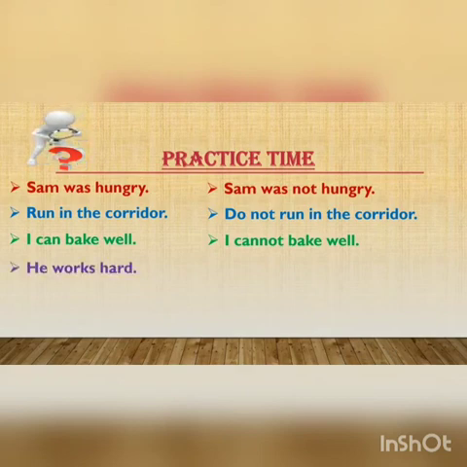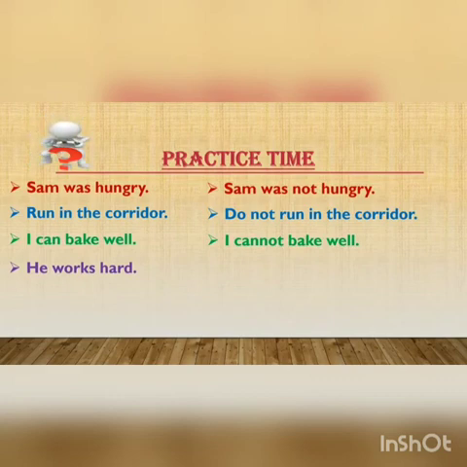The next sentence, he works hard. Do we have a helping verb here? No. Is it an imperative sentence? No, this is a simple present tense sentence. And here you have to follow step number 1. That is to find the verb and bring it to its root form.